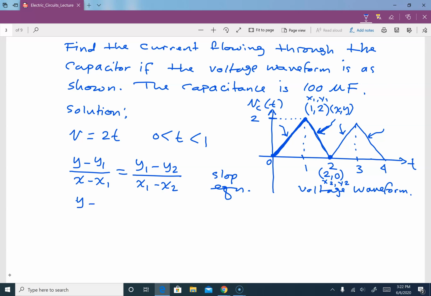So y minus 2 divided by x minus 1, that is equal to 2 minus 0 divided by 1 minus 2. So from that, y minus 2 over x minus 1 is equal to 2 divided by negative 1, which is negative 2.